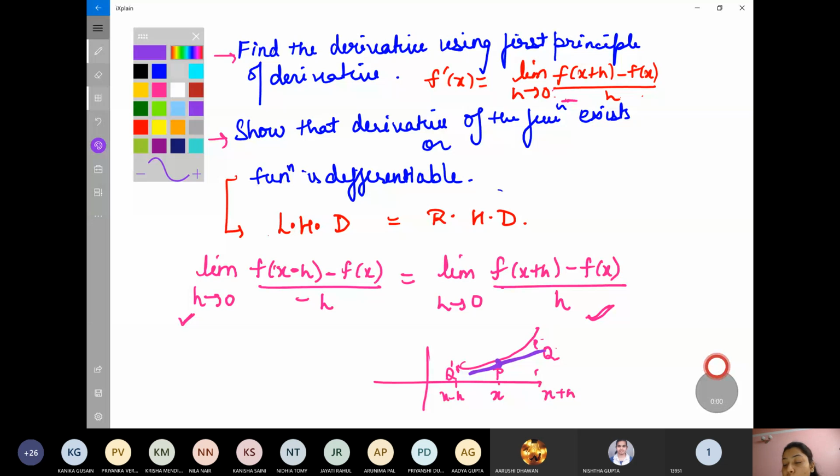You must have a unique tangent at this point and that will be your derivative of the function.